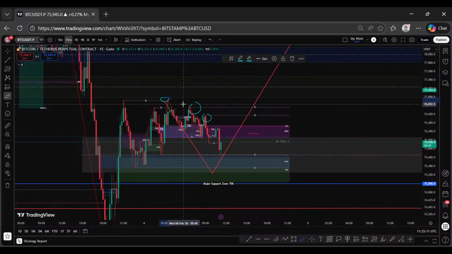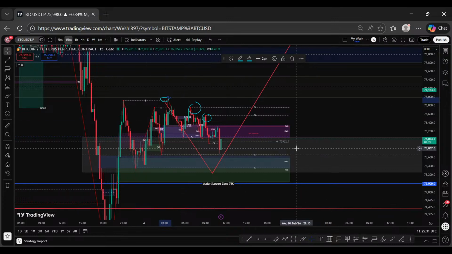So BOS is the most important signal for any trader, and then there are FVG and IFVG, fair value gaps and imbalances. FVG is something every trader needs to understand.